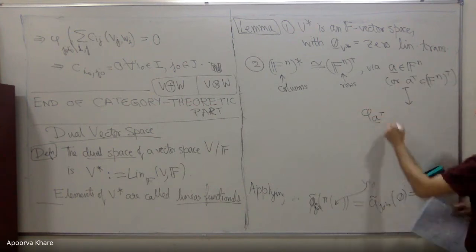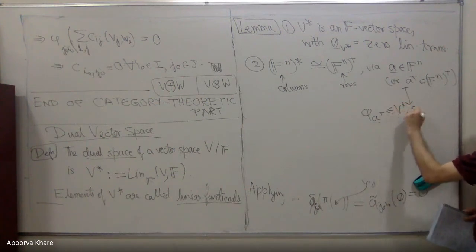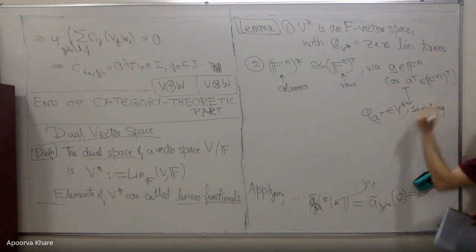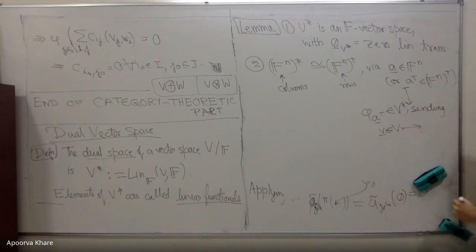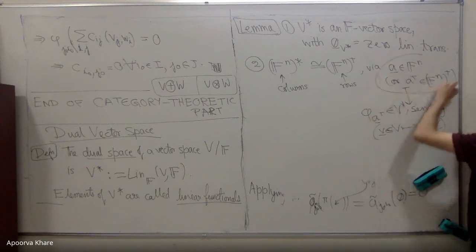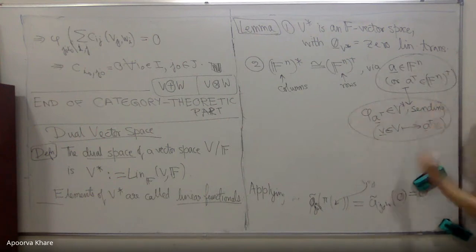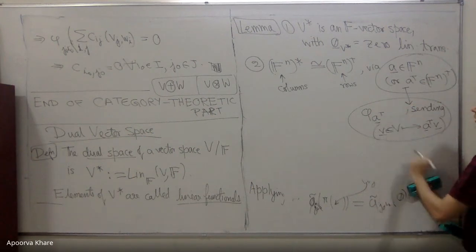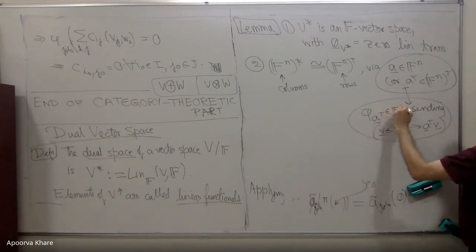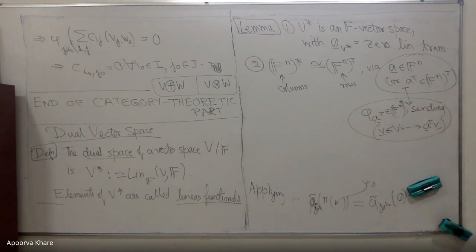Phi of A transpose in V star sends V in V, I want to make it linear, to A transpose V, the summation of A_i V_i. So this vector, row or column, goes to this linear functional in V star, by which I mean Fn star.